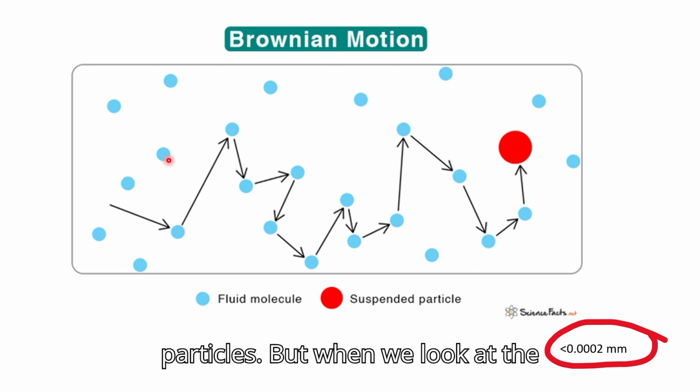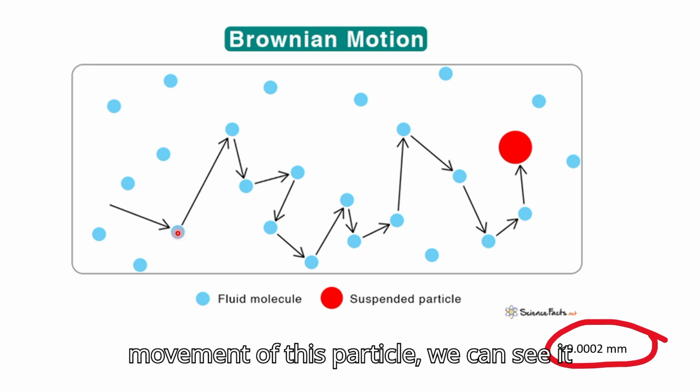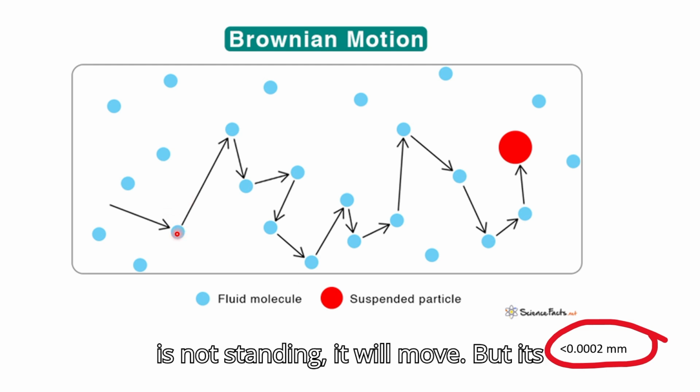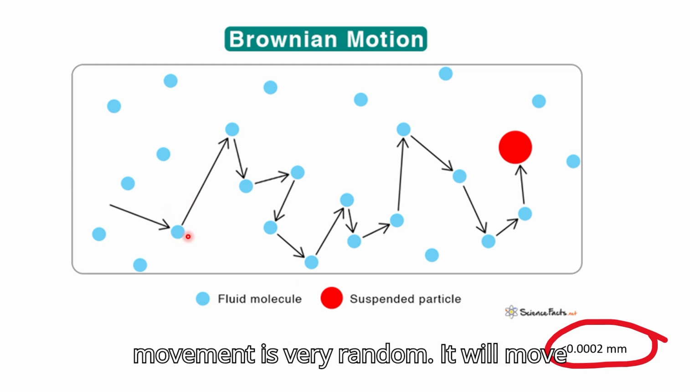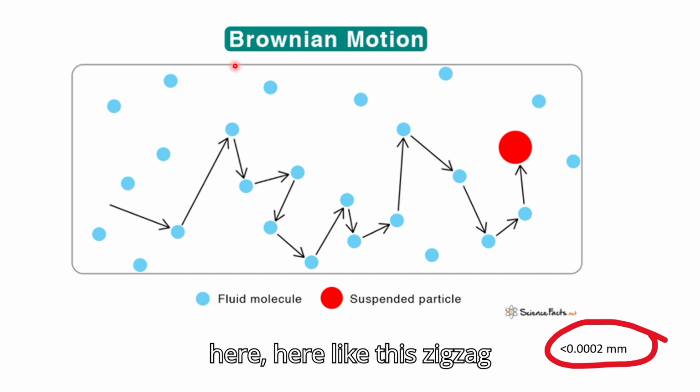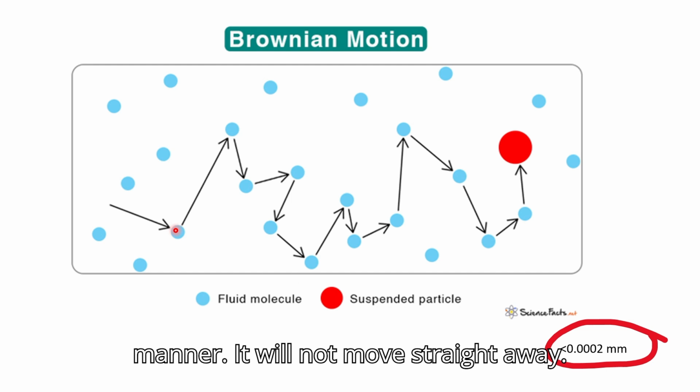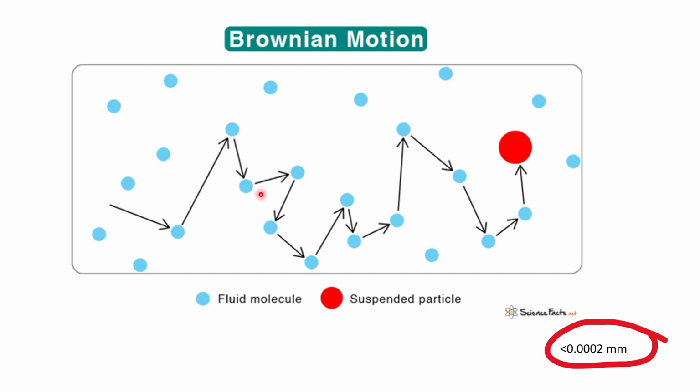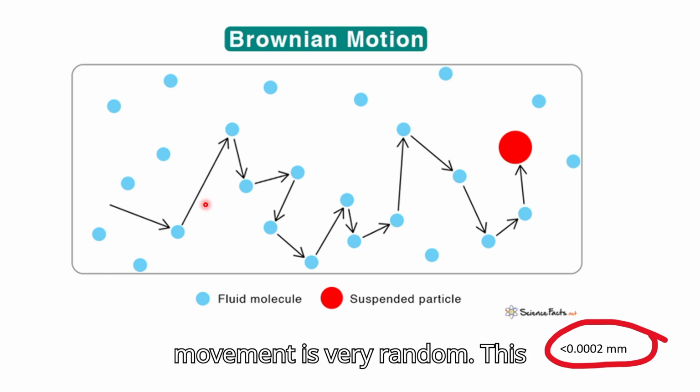When we look at the movement of this particle, we can see it is not standing still, it moves. But its movement is very random. It moves here and there in a zigzag manner. It will not move in a straight way. So this movement is very random.